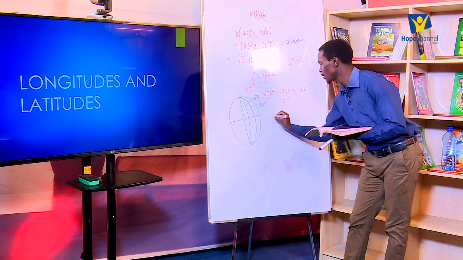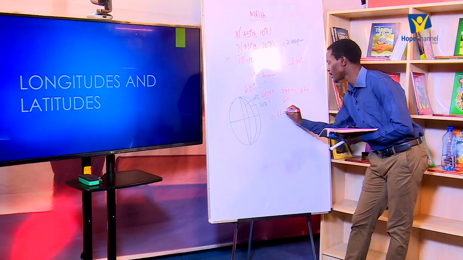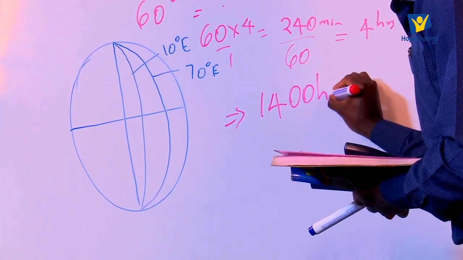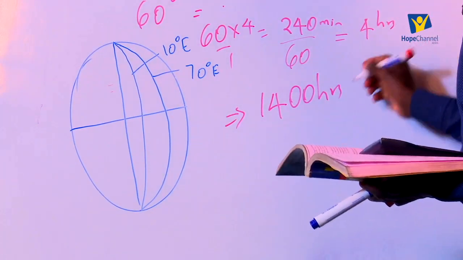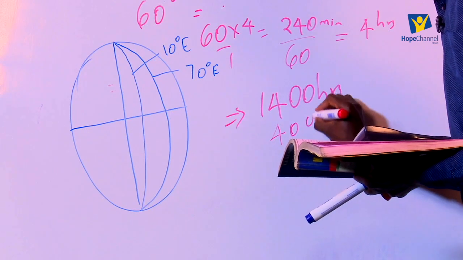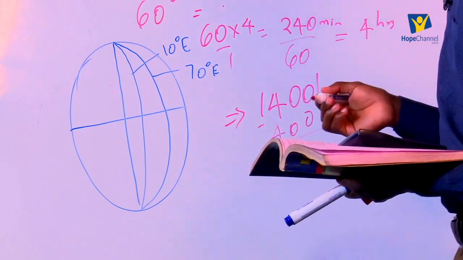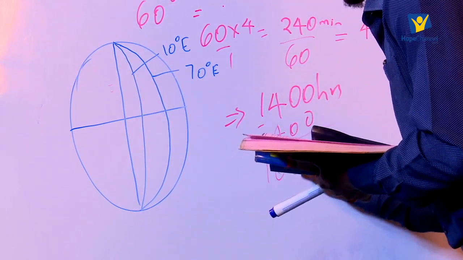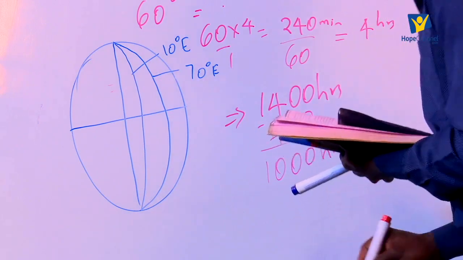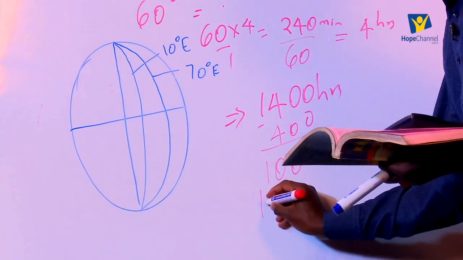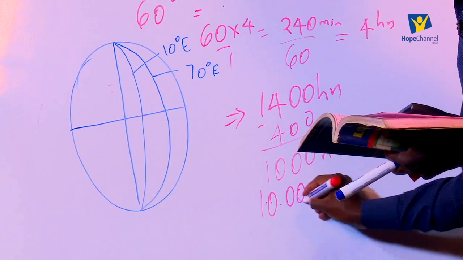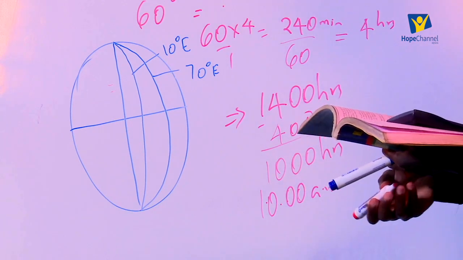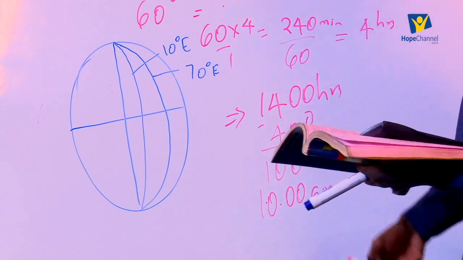So we get it in 24-hour clock system as 1400 hours. Then now you're going to subtract 4 hours. So by subtracting, what do you get? That gives you 1000 hours, or basically 10 a.m. That is very easy.